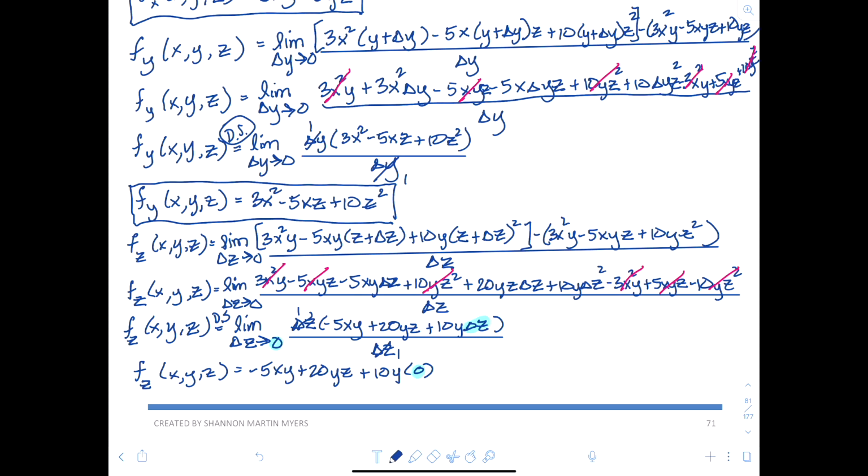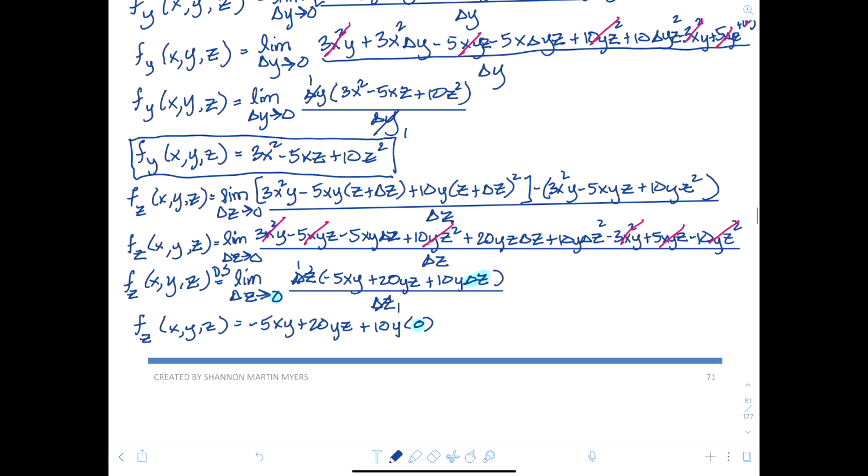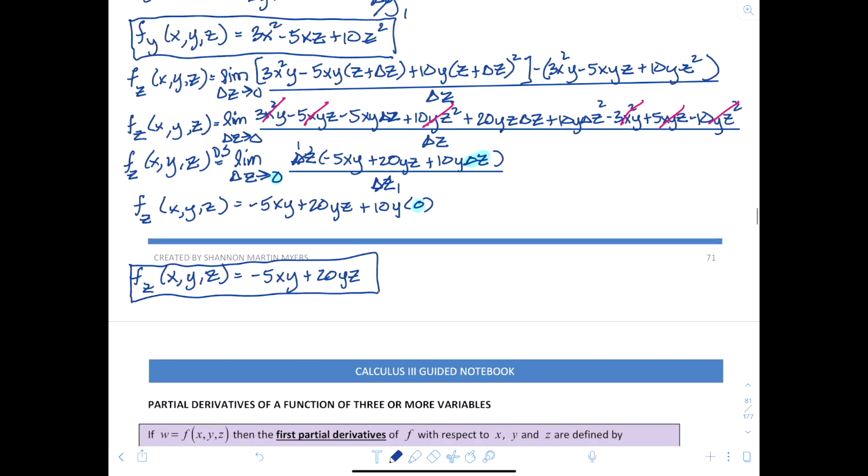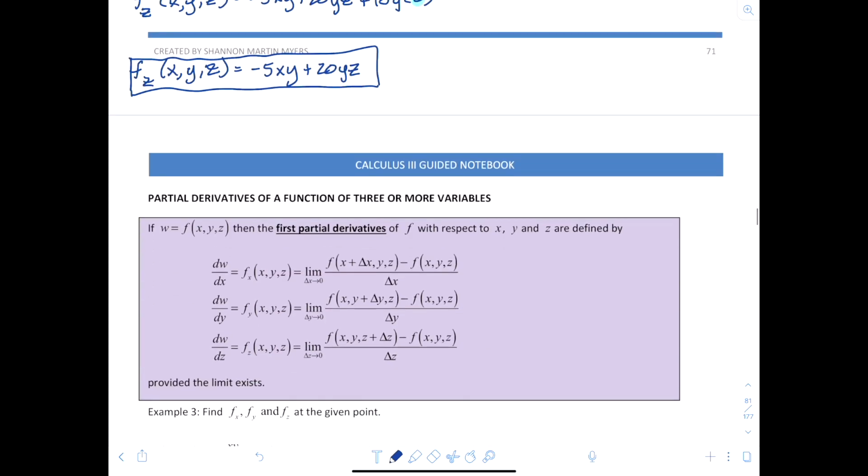So I'm just going to go ahead and erase this one, just to have everything proper. So fz of x, y, and z will be equal to negative 5 times x times y plus 20y times z. Good? All right. So that one's all good.